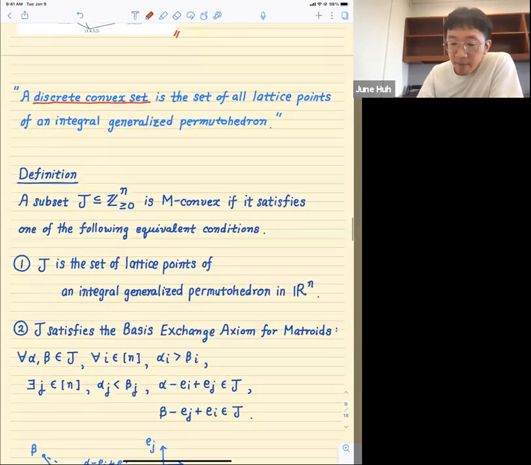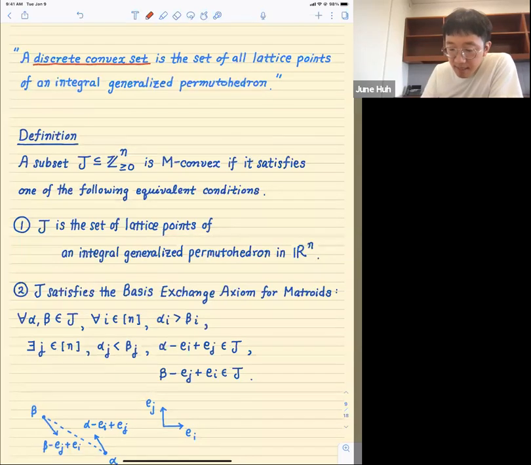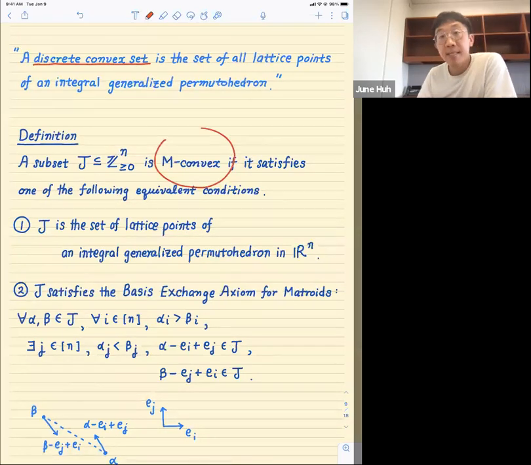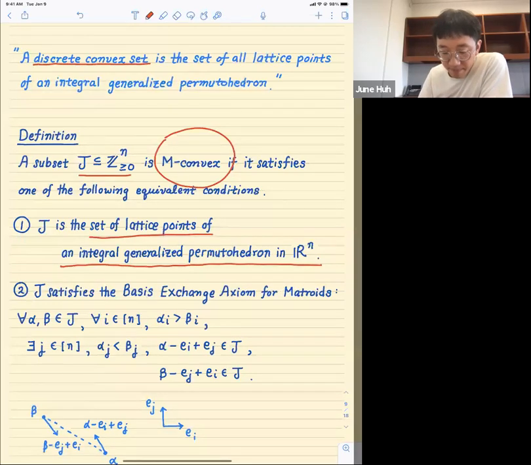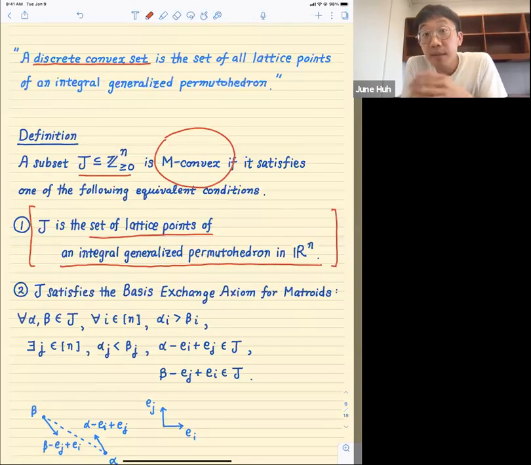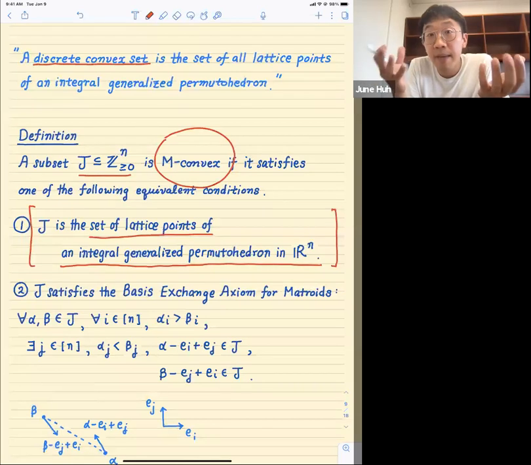A more technical name for a discrete convex set is an M-convex set. So let's call a subset J of C^n, maybe in the non-negative part, M-convex if it is the set of lattice points, all of them, of an integral generalized permutohedron in R^n. So there is a bijection between integral generalized permutohedra and the collection of M-convex sets.